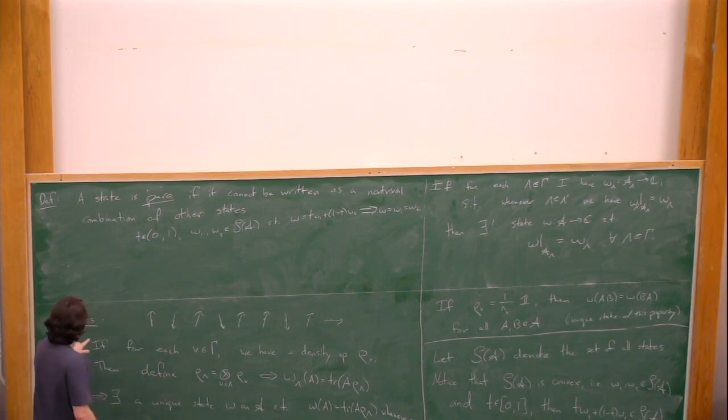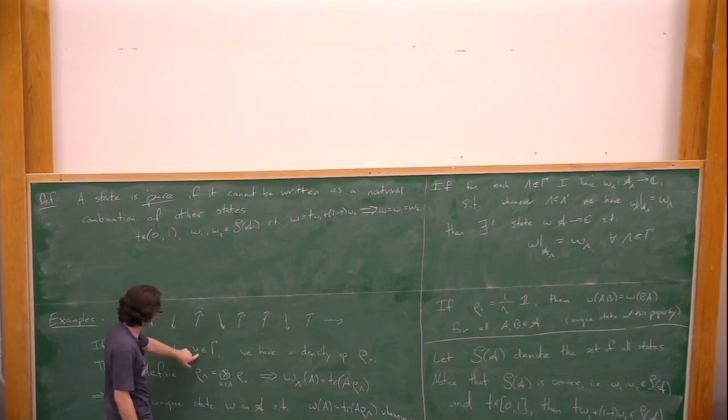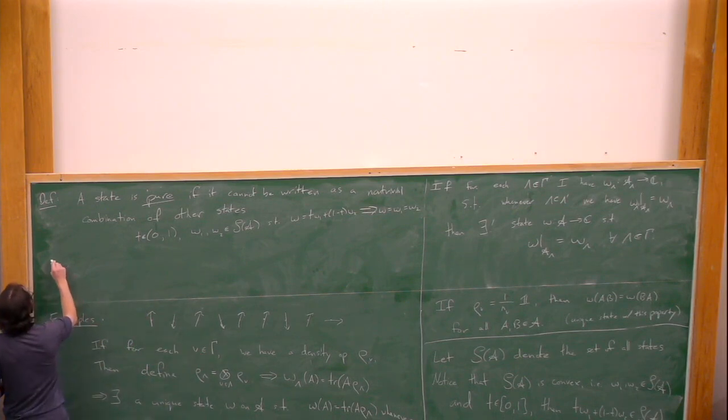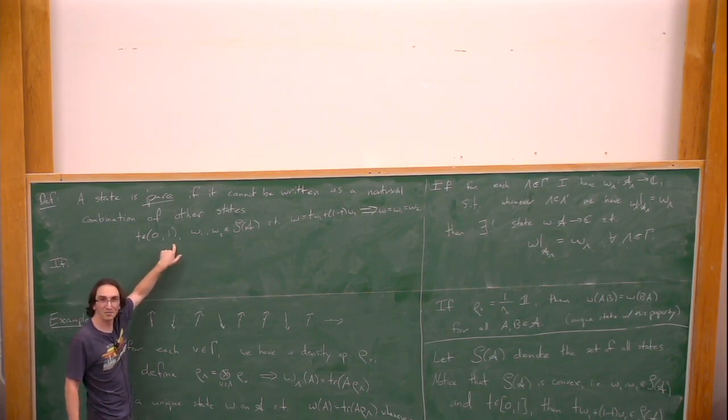OK, in this example, if each of the single site states is pure, then the whole thing is pure. Sure, yeah, because it'd be multiplied by 0. Yeah, that's why I took the open interval here.